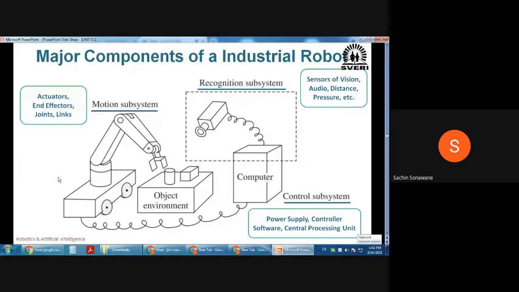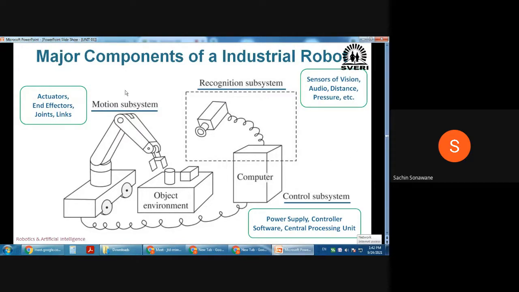Therefore, all parts of the robot are divided into these three subsystems, that is motion subsystem, recognition and control subsystem. Now we'll discuss it one by one.